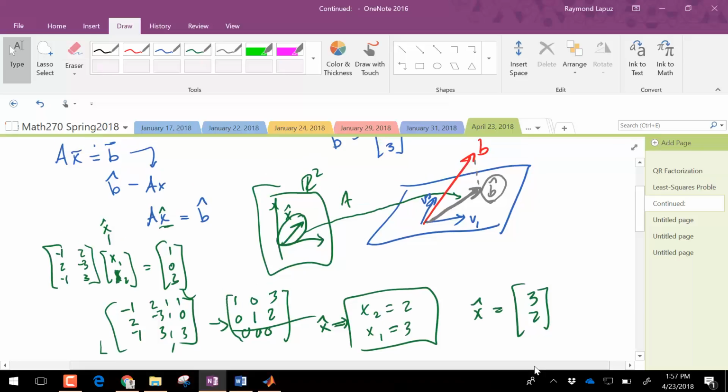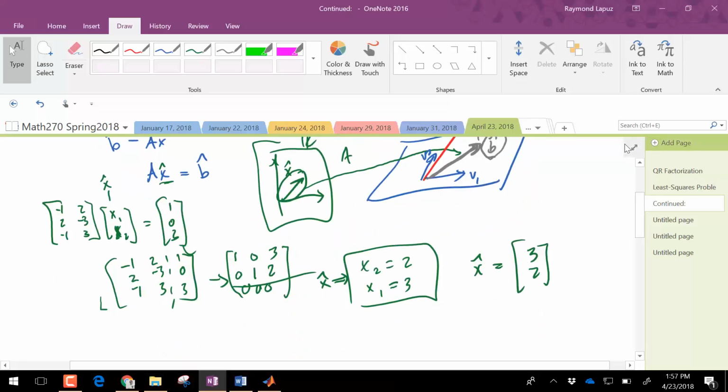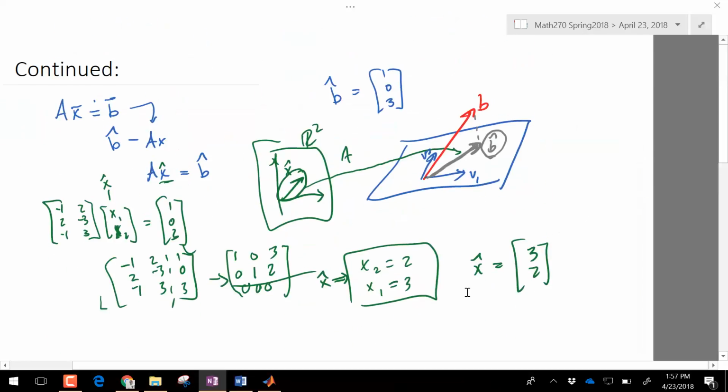This vector here is a vector so that if it gets applied to A, it becomes B hat. And that is the best approximation to B. So this is a solution. Since we don't have a solution for A going directly to B, we have A going to B hat, and that's the closest we can get.